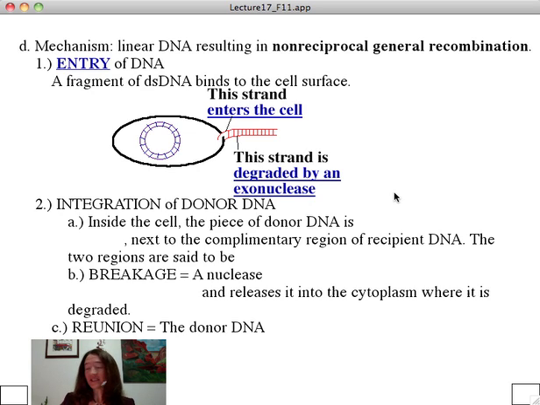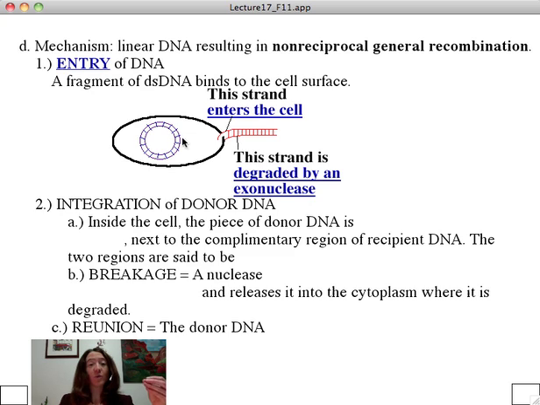So now, once the red DNA, as we're showing it, the exogenous DNA, gets inside of the recipient cell, the first thing that it's going to do is align with an area of homology. And I know you're thinking, wait a minute, what is she talking about? What does she mean, homology? That's a fancy word to say that it aligns in a region that it has similarity to.